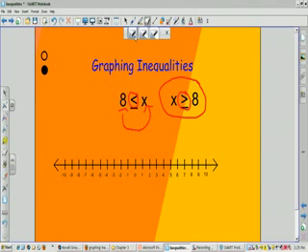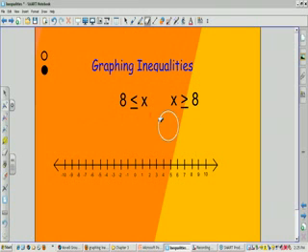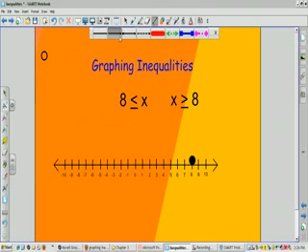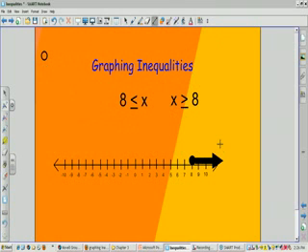We're so used to reading from left to right. So we're going to go x is greater than or equal to 8. We'll use the shaded in circle because we want to include 8. It's like saying I want to have at least 8 people at my birthday party. Well, could there be exactly 8? Yes. Could be more than 8. And then we'll finish it off like that. Graphing inequalities. Nothing easier.